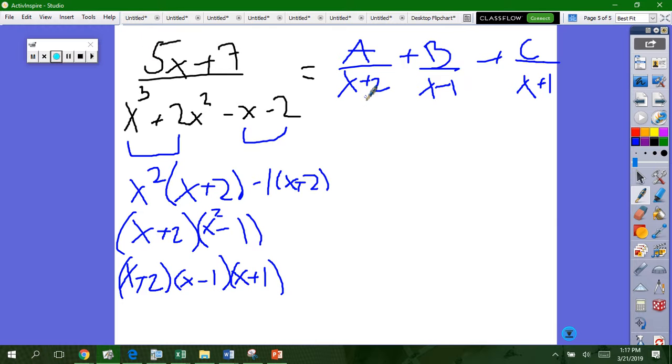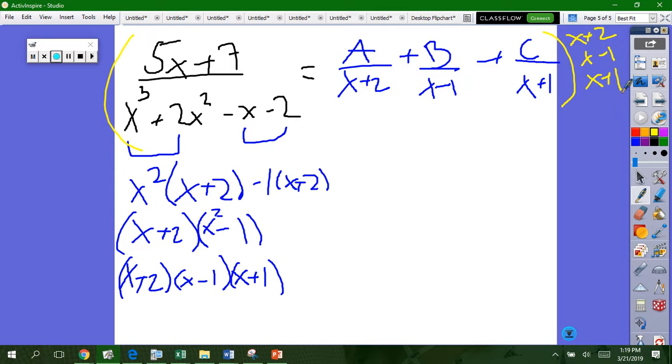All right. So on this one, I'm going to multiply everything by x plus 2, x minus 1, and x plus 1. Am I not? Is everybody there? These are always fun. Sometimes they get tedious and a little bit longer, and it's okay.